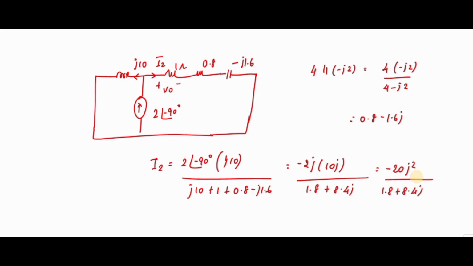I need the voltage across this 1 ohm, so V0 is equal to I2 times 1. Since j squared is minus 1, this is 20 divided by this value, which is 2.328 angle of minus 80 degrees.